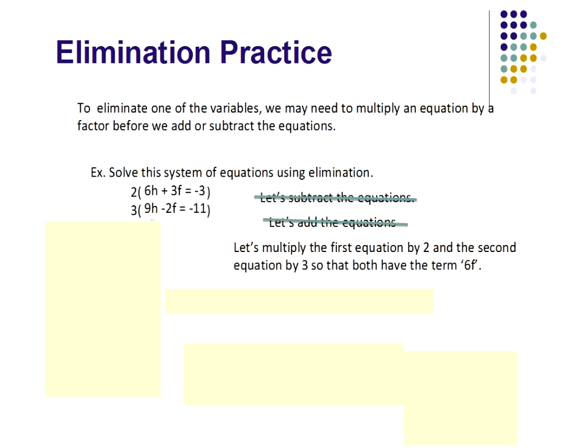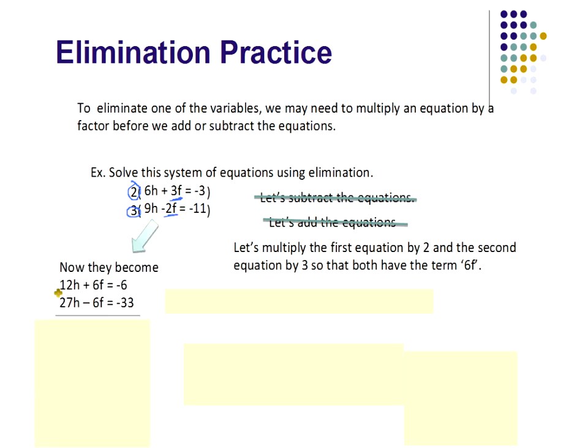So what I'll need to do instead is multiply both equations by something so that I get the coefficients of one of the variables to be the same. If I multiply the top equation by 2, doubling the entire thing, and if I triple the bottom relationship, then what I'll see here is I'll have a 6f and a negative 6f.